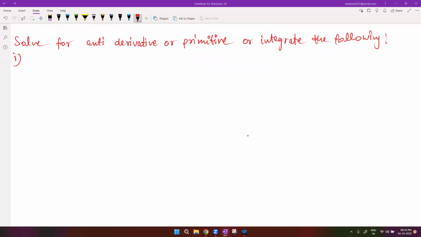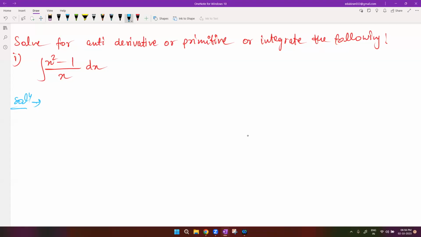First function is given as, let's say, not a function, I'm directly telling you. We need to find the integration of this.